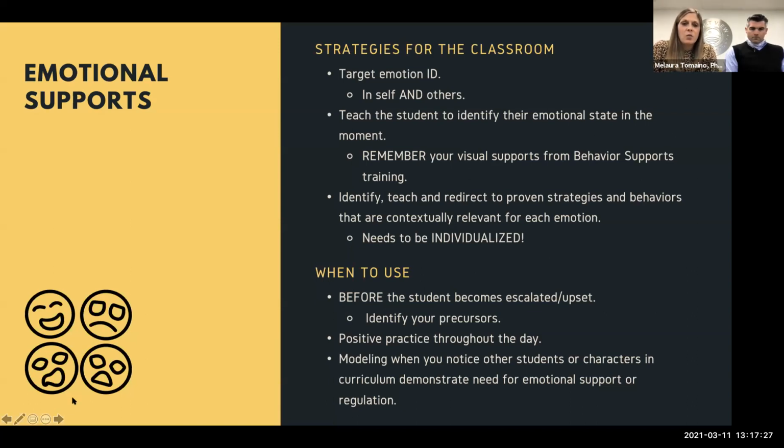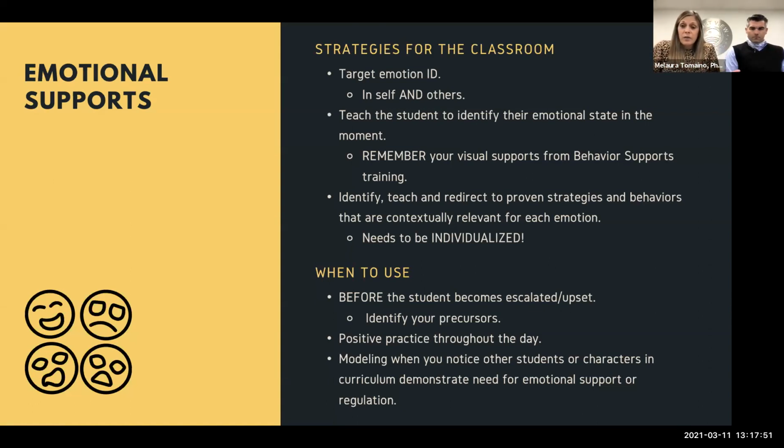And then finally, you want to identify, teach, and redirect to proven strategies and behaviors that are contextually relevant for each emotion. So what do I mean by that? That's a mouthful. You want to understand for that individual student, what works when they're mad to calm them down? What works when they're sad to redirect their thoughts to something more positive?